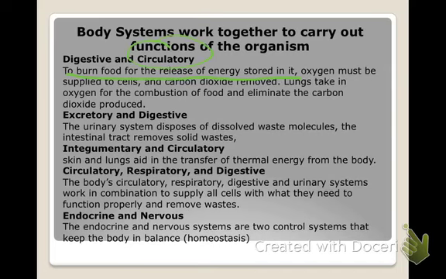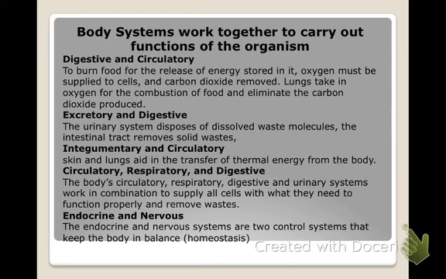Okay? And this is talking about lungs too, so we're going to talk about the respiratory system as well. Lungs take in oxygen for the combustion of food and eliminate carbon dioxide produced. So that's digestive, circulatory, and respiratory. Add it onto your notes. All right. Excretory and digestive, the urinary system and the excretory system mean the same thing.